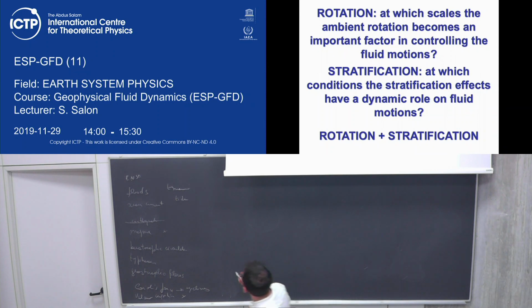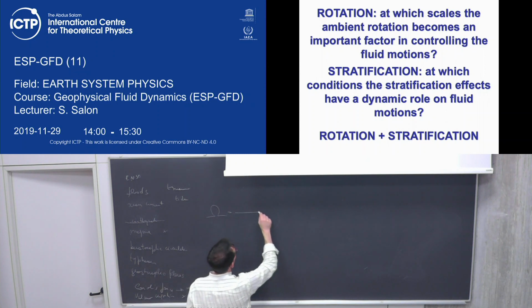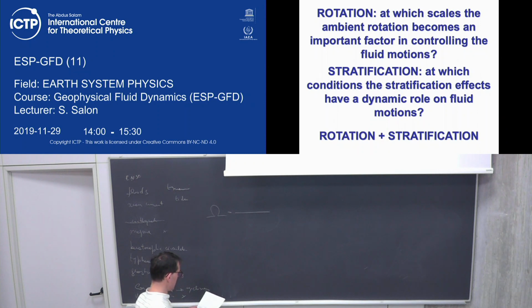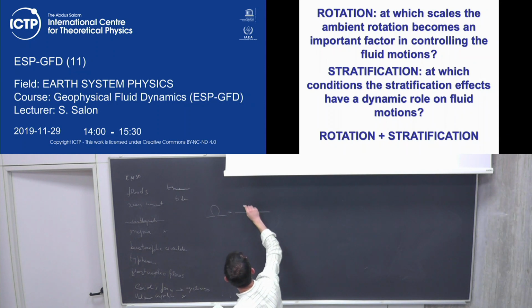We said the ambient rotation, we will call it with the Greek capital letter omega, which, as Chibueze said, is related to 24 hours. So we can say that our omega is 2 pi radians, because we are going to make one turn, over the time of one revolution.